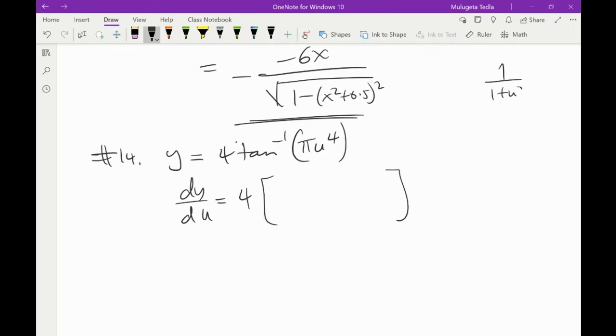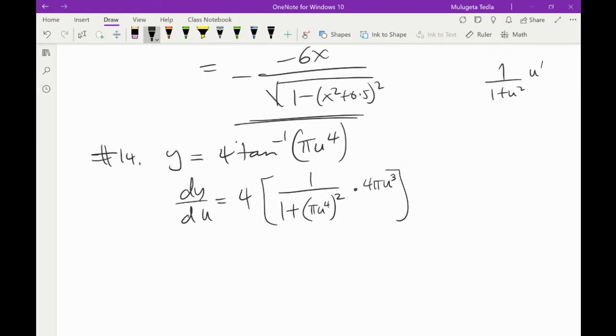It's 1 over 1 plus u squared, isn't it? So 1 over 1 plus pi u to the 4, the whole square, times the derivative of the inside, which is 4 pi u cubed.